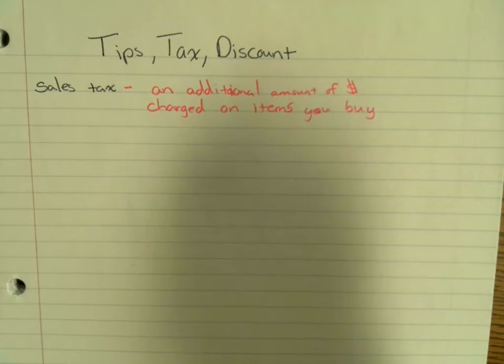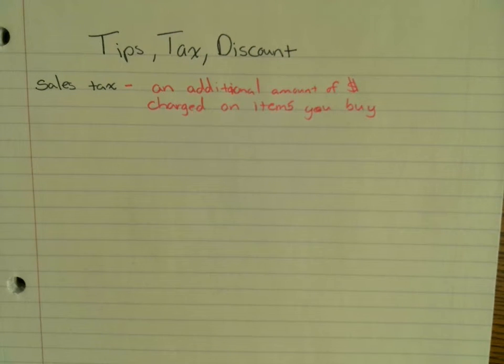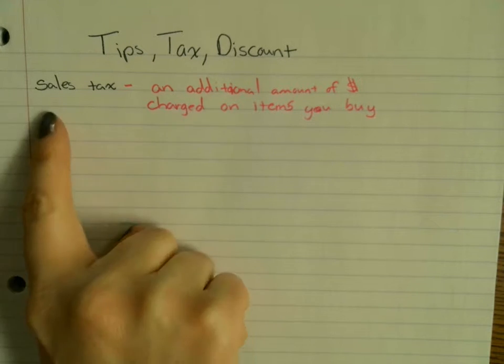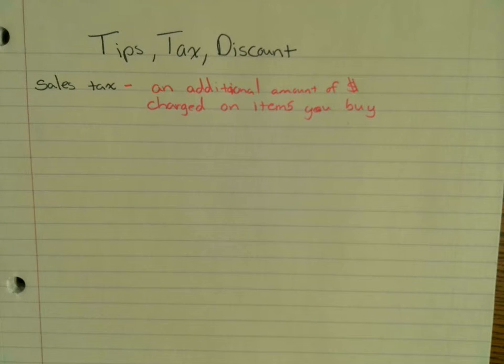Okay, so when you go and purchase an iPad, you are paying a sales tax on top of it. When you purchase certain food items, you might be paying tax on those as well. Notice I put sales tax because there are other forms of taxes, like income tax.